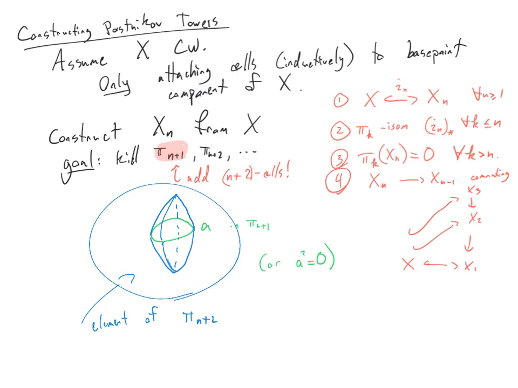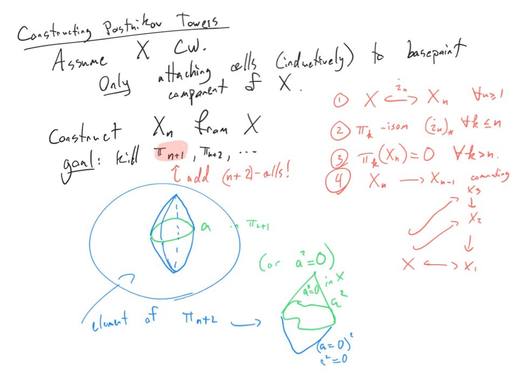If you look at whatever a squared looks like, represented as a loop, it has one cone which recognizes the fact that a squared is null homotopic already in the space X. But then you've also attached this cell below, which recognizes the fact that a is 0. And so, of course, when you square that, a squared is 0 as well. And so this also gives you a new element of pi n plus 2.